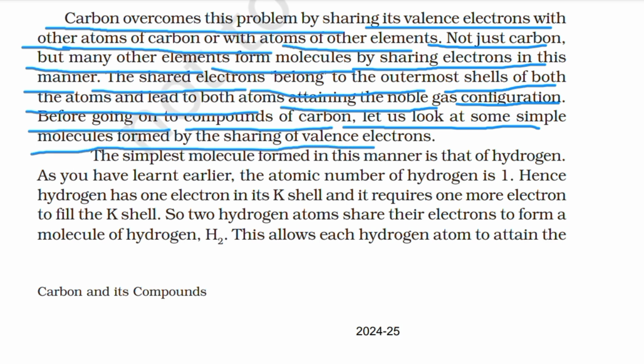Before going on to compounds of carbon, let us look at some simple molecules formed by the sharing of valence electrons. The simplest molecule formed in this manner is that of hydrogen. As you have learnt earlier, the atomic number of hydrogen is 1.